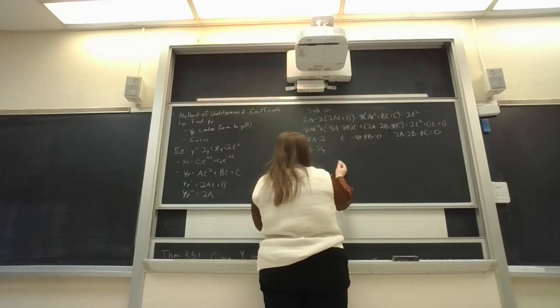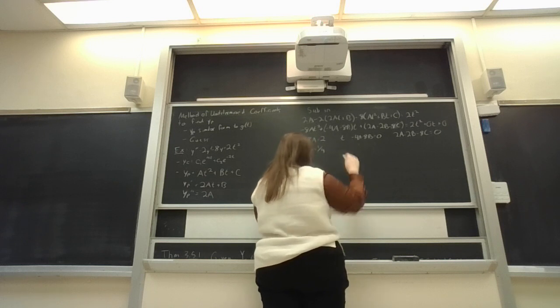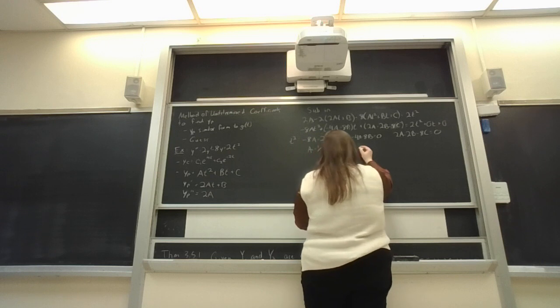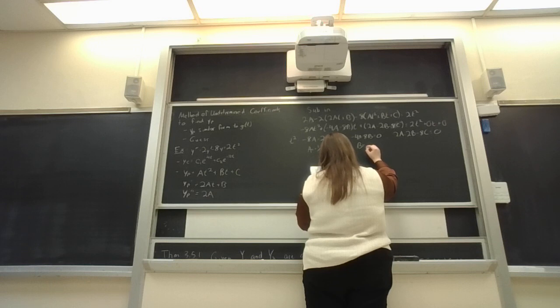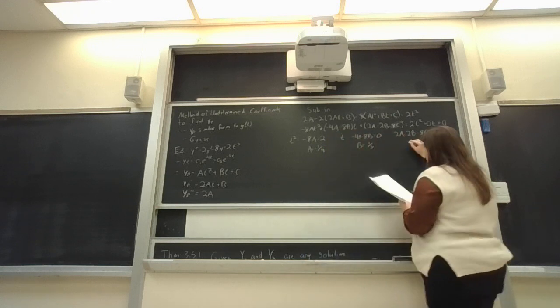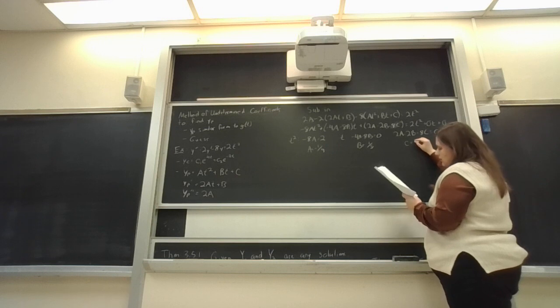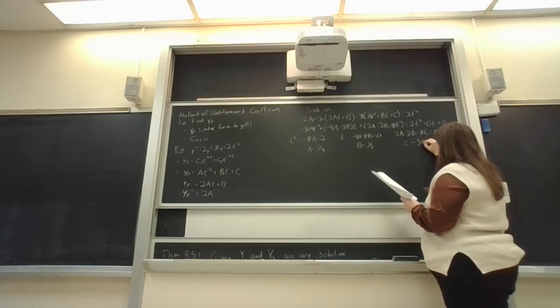And then substituting my a into my negative 4a minus 8b, I'm going to get b is 1/8. And then substituting both into my last equation, I get c is negative 3 over 32.